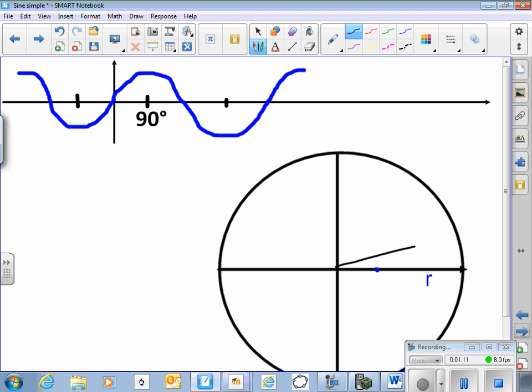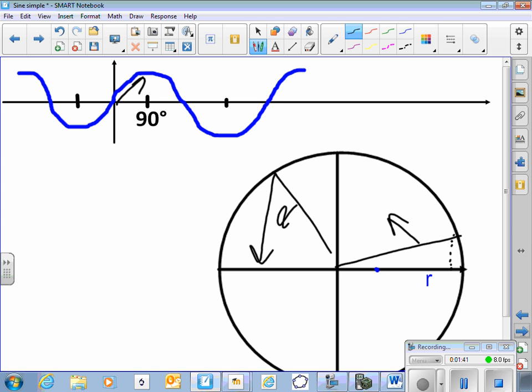So for example, if we have an arm that's swinging around this circle, the length of this distance down from the end of that arc starts at 0 and it gets larger and larger as we go from 0 to 90 degrees. Then once you get to 90 degrees and you keep going, that distance keeps getting smaller and smaller.